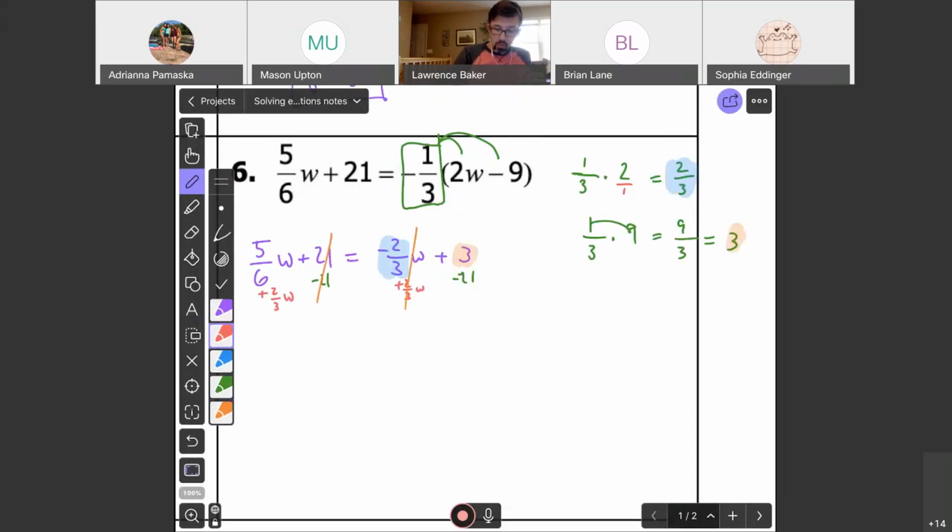So now I have some work to do again. I need to figure out what this is equal to. So what's 5/6 plus 2/3? How do we do that? How do we do 5/6 plus 2/3?